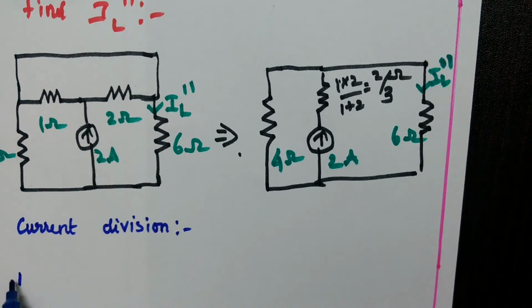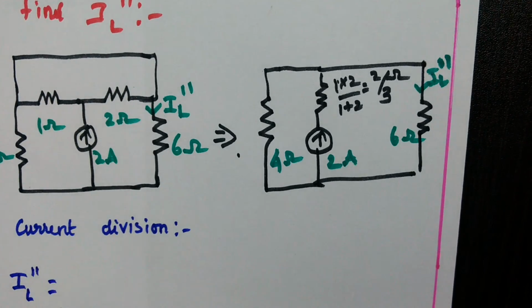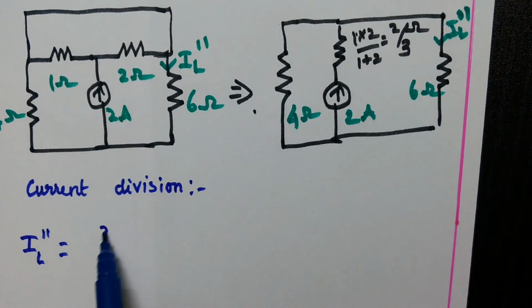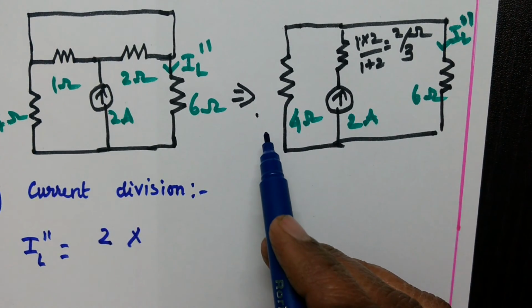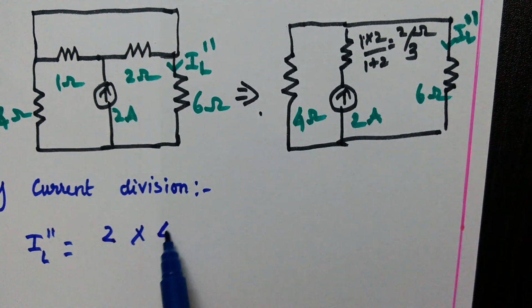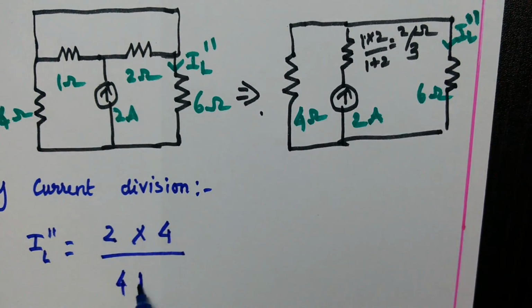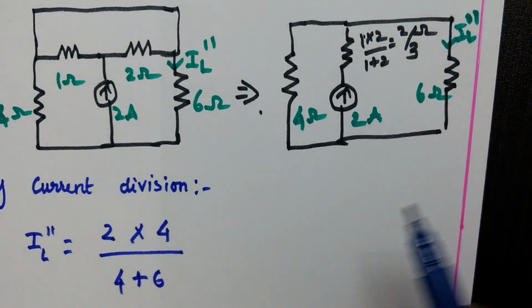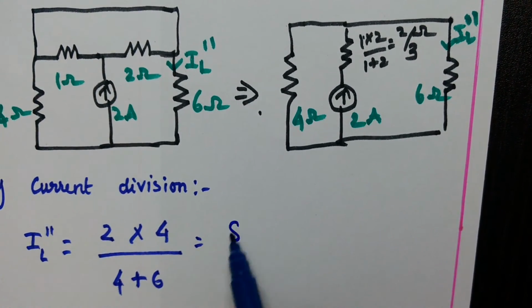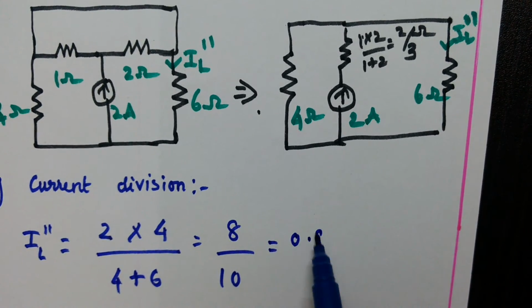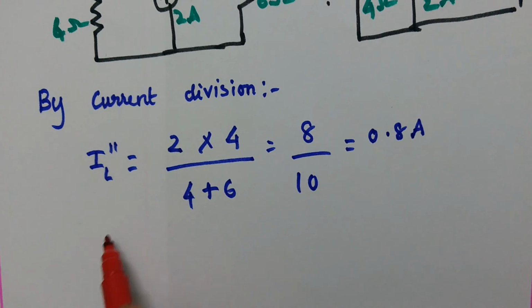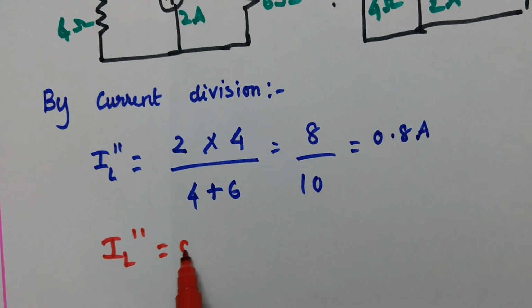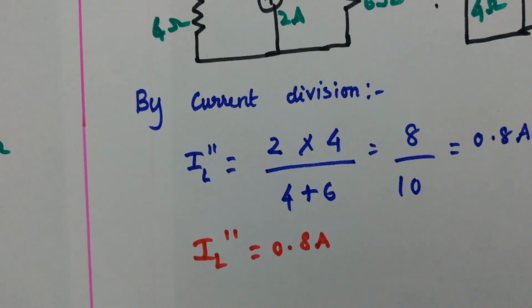So branch current equals total current 2 amps into the opposite branch resistance 4, divided by the total resistance, that is 4 plus 6. So 4 plus 6 equals 8 by 10, that is equal to 0.8 amps. So here IL double dash is 0.8 amps.